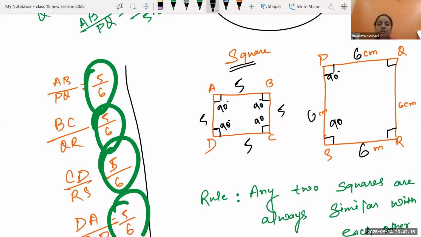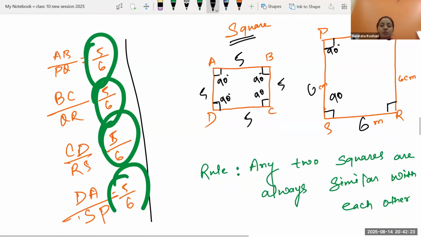That's why the conclusion that any two squares are always similar with each other. Instead of 5 and 6, I could have taken 15 and 16 and still the ratio will be the same. Is it making sense?